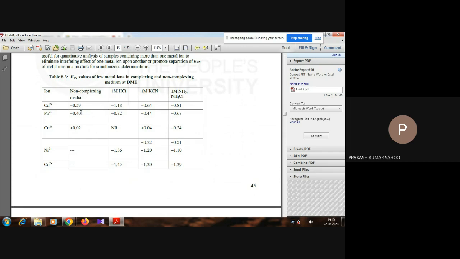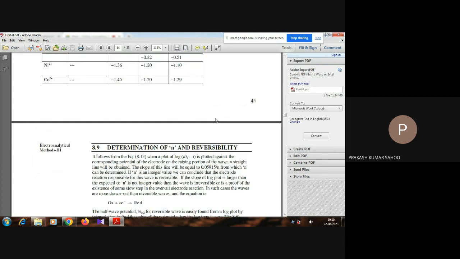This is the non-complexing medium and this is the complexing medium with HCl, KCN and ammonium chloride medium, and these are the half-wave potential values.